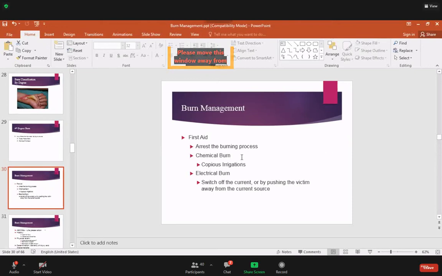If there are chemical burns, you should irrigate thoroughly with a lot of water. Copious irrigation is very important in chemical burns. If there is an electrical burn, the first aid is to try to take the person away from the current source, because when these persons are caught in a current field, they attach to it, and it is very difficult to take them away.